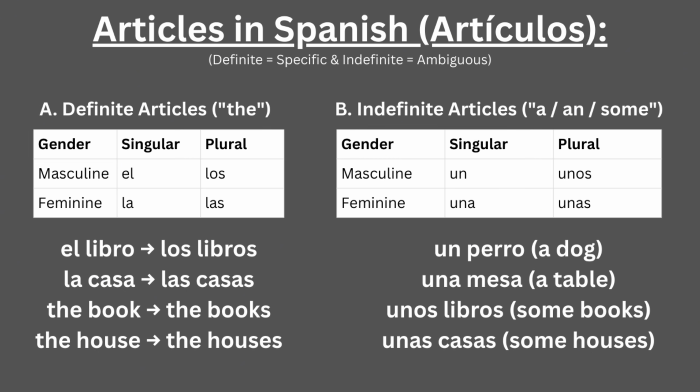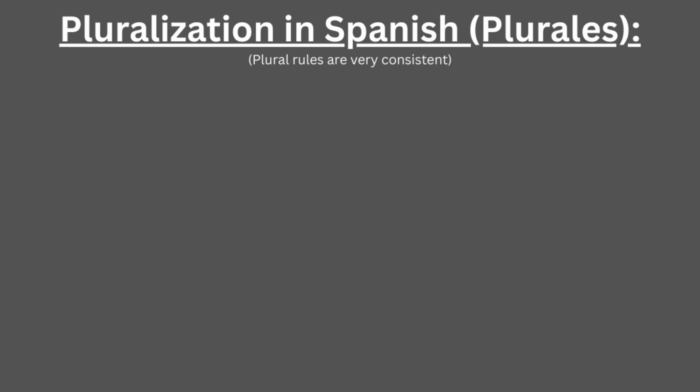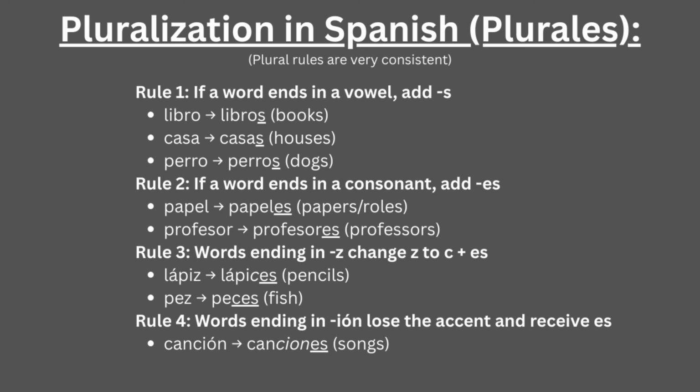After articles, we can see how to pluralize words in Spanish, which is consistent. If a word ends in a vowel, we add s, like libro, libros, casa, casas, perro, perros. If a word ends in a consonant, add es, like papel, papeles, profesor, profesores.